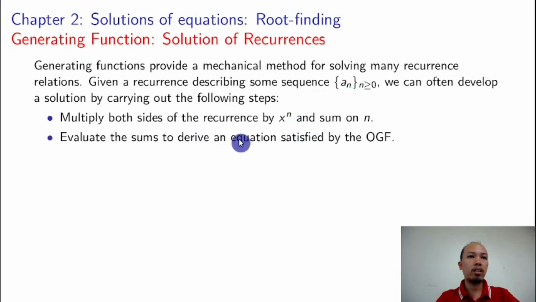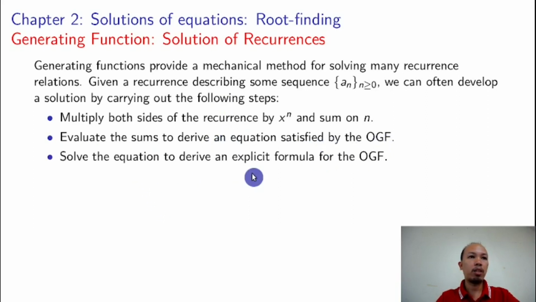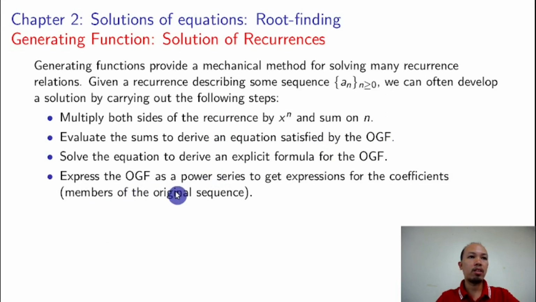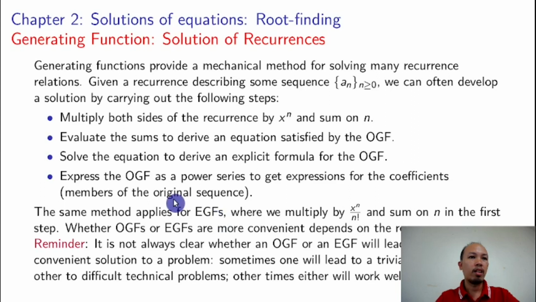Evaluate the sums to derive an equation satisfied by the OGF. Solve the equation. Express the OGF as a power series to get an expression for the coefficients. The method is the same for EGF, except that in OGF we multiply by x to the n, and in EGF we multiply by x to the n over n factorial.